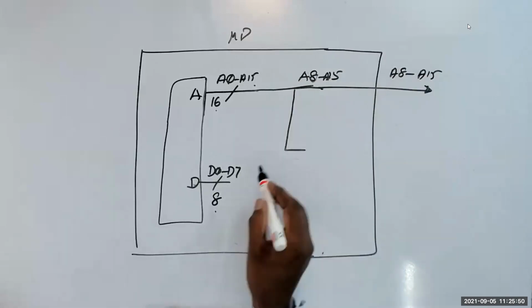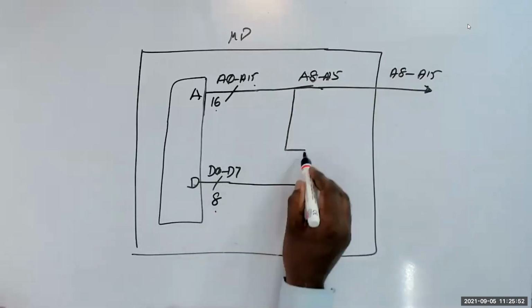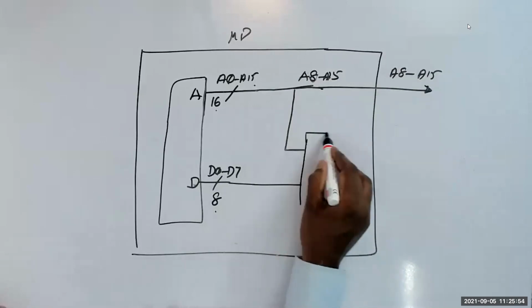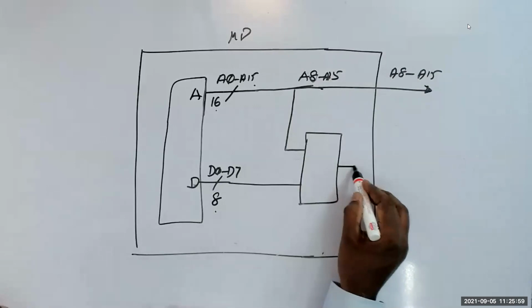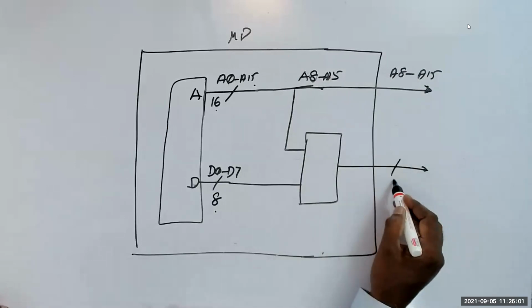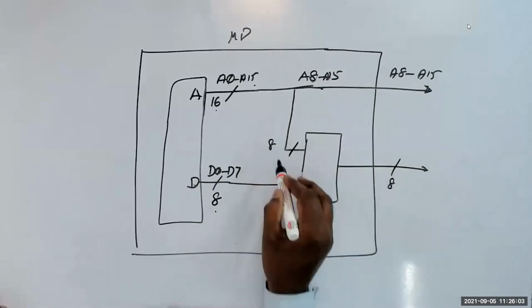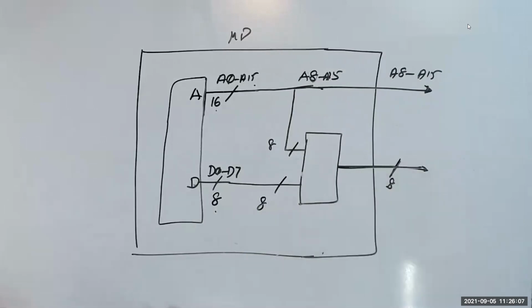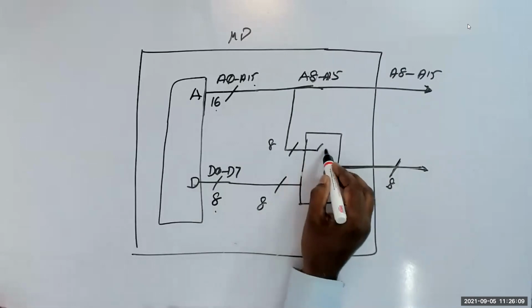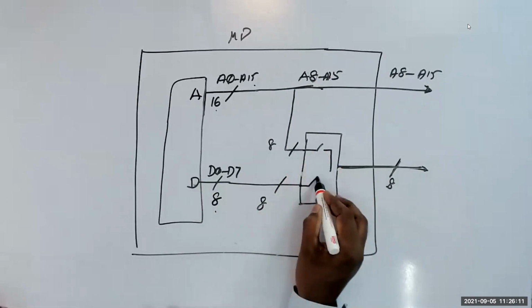The other group is only 8 pins. See here, I give 8 plus 8, 16, but I come out with only 8. That means I have a switch here.